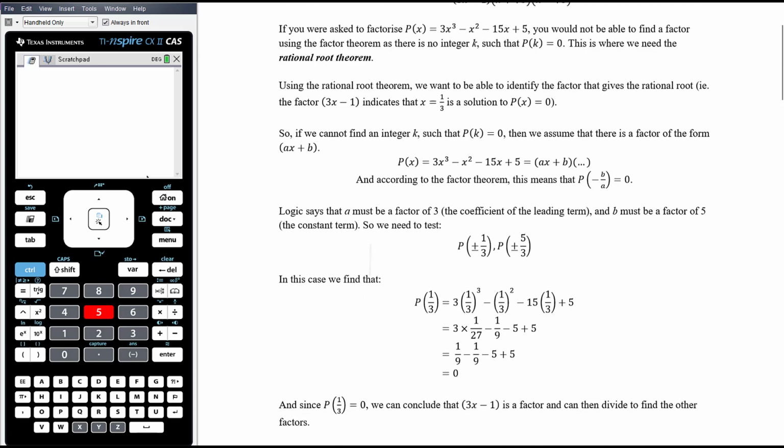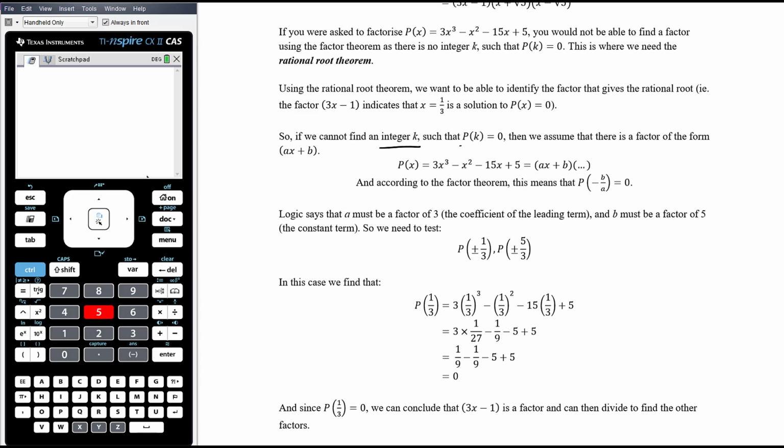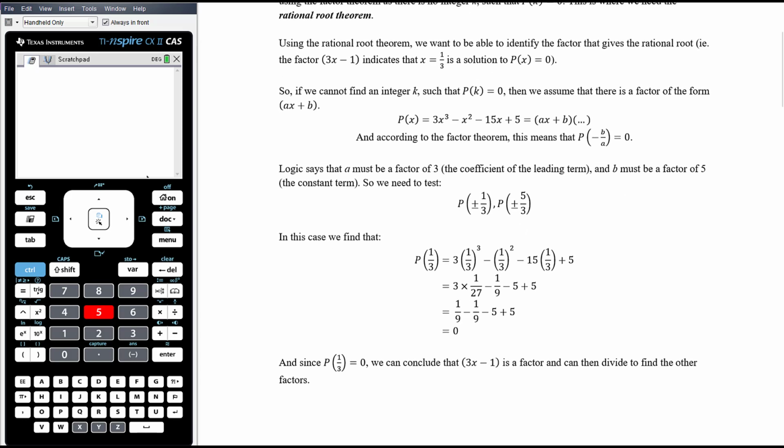Okay, so if we can't find an integer k such that p of k equals 0, so we've exhausted all the possibilities, we've tried plus minus 1 and plus minus 5 in this instance, the next thing we're going to do is assume that there must be a factor of that form, ax plus b. Now, it's possible there might not be, so again we're still not looking at all the possibilities, but this is our next step to ensure that we've done everything we can.